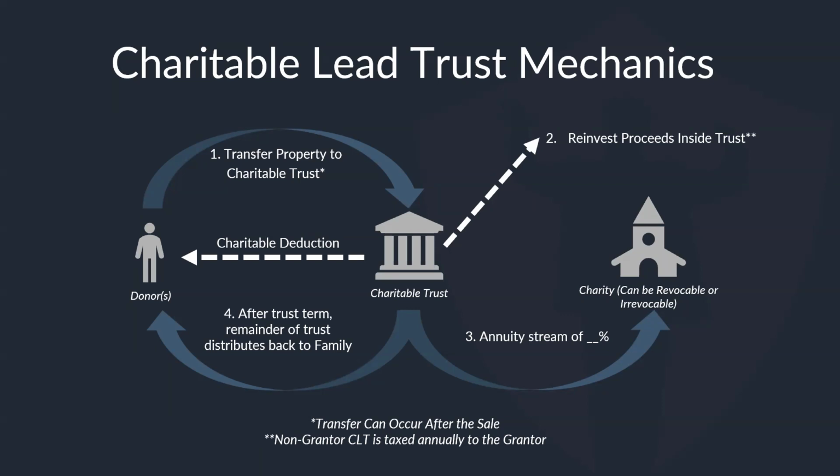Now, whatever's left at the end of the trust period reverts back to our client. So in this case, the annuity payment goes to the charity, and the remainder comes back to our client. So this can create a great opportunity to create a tax deduction now, but bring that principal back to our client for their retirement years. So it can be a great planning tool there.